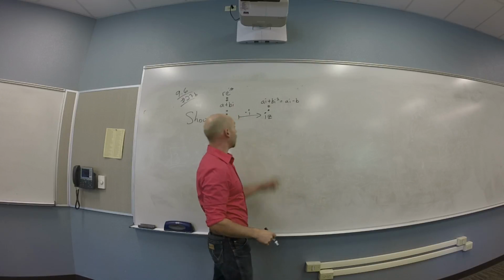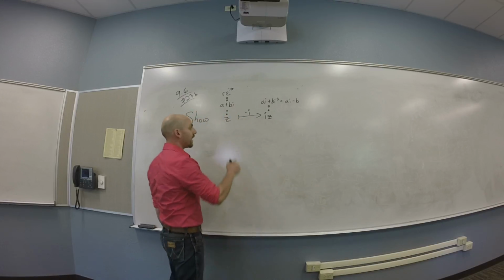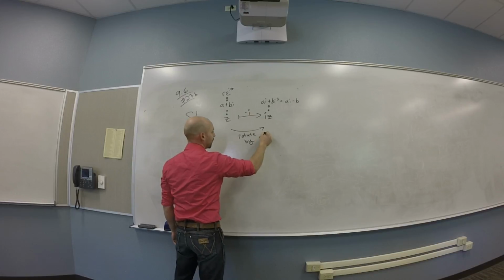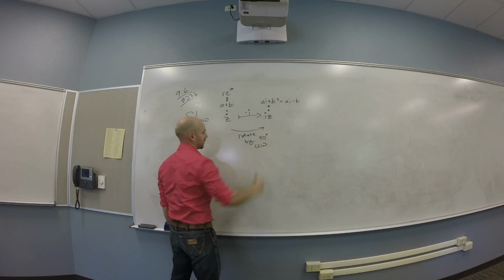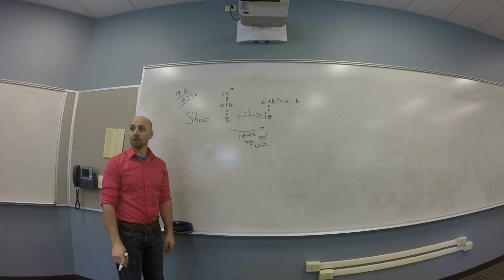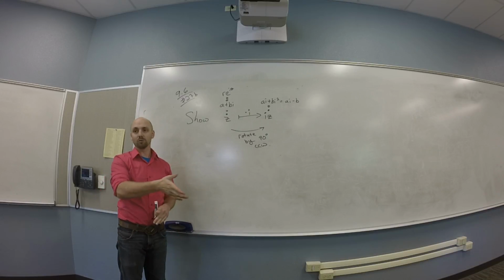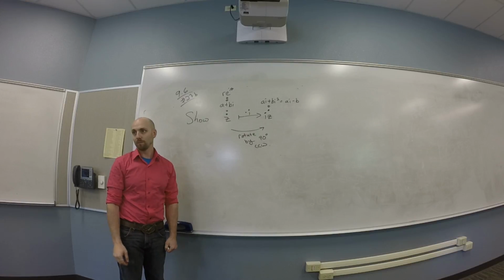Because they want me to show that if you do this, that thing is really just rotate by 90 degrees counterclockwise. They want me to show that those are the same thing, that if you multiply by i, you may as well just rotate the complex plane by 90 degrees.